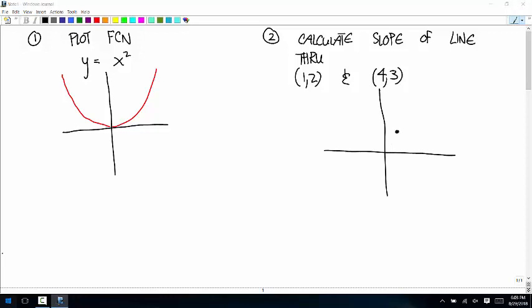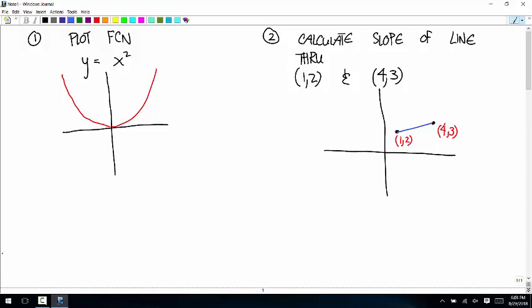So there's (1, 2). And then (4, 3): you go 4 over in the x direction and then 3 up in the y direction. So something like that. And we're looking for the slope of the line that connects those two.